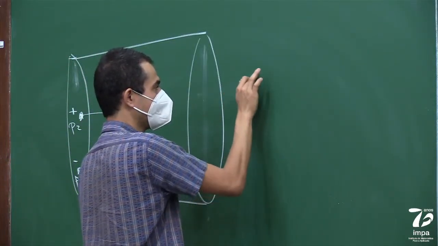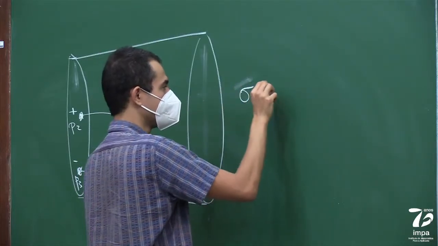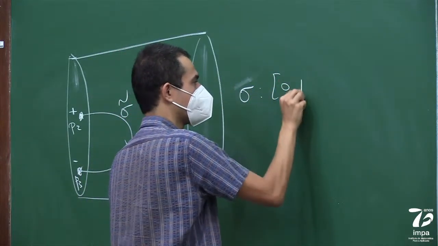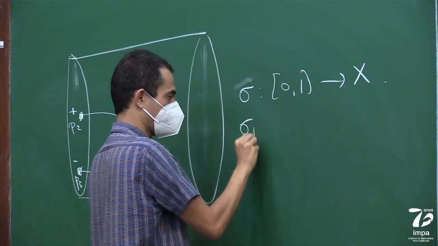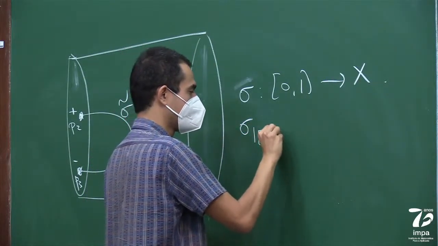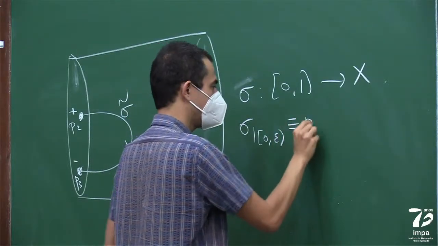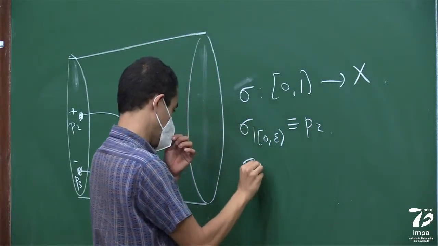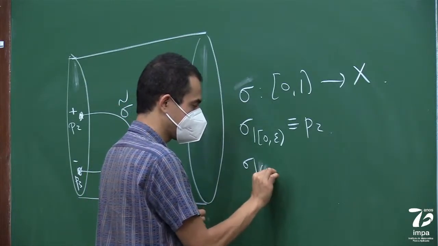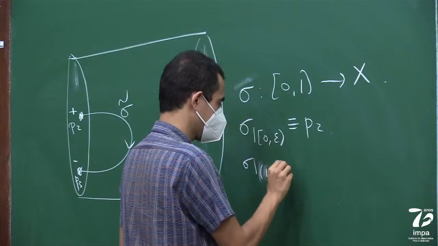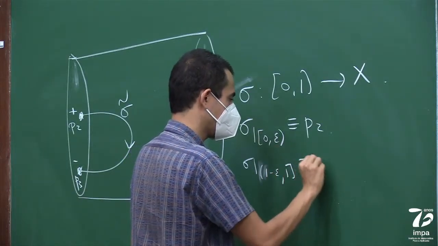First I had a path sigma from [0,1] to x, where sigma restricted to [0, epsilon] was equal to P2, and sigma restricted to [epsilon, 1 minus epsilon] was equal to P3.